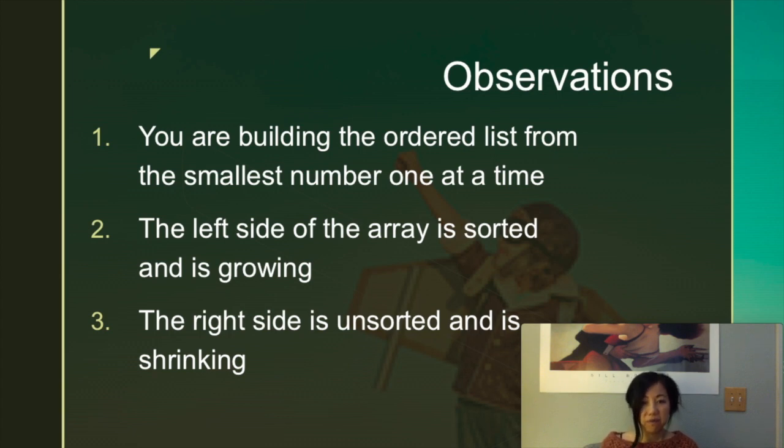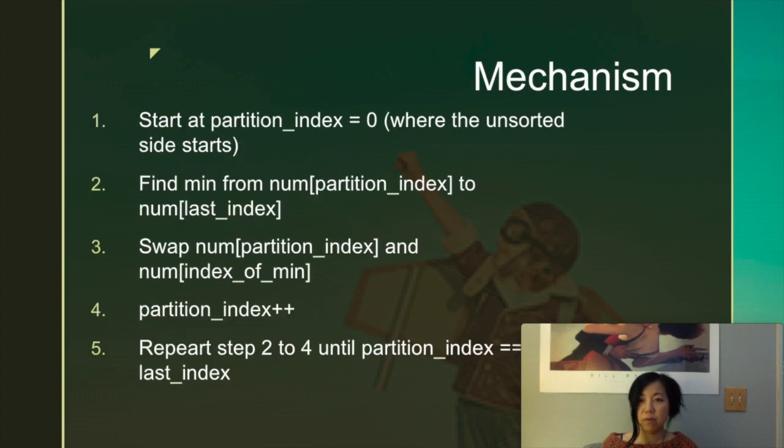Before I write a program like this, I usually think about how to build the mechanism using pseudocode, as the book would say, to see how to write the program. I would invent an integer called partition index, which starts at 0 and indicates where the unsorted side of the array will start. So it will always start from 0 to the last one.